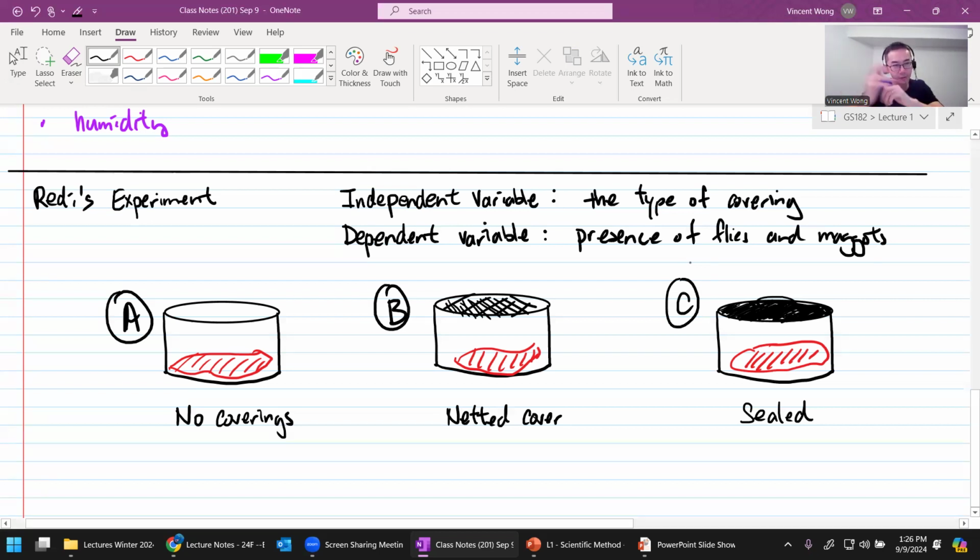And just a friendly reminder, the control is the one that you don't change anything to. You just let it be. It's the default. So which one is the control?